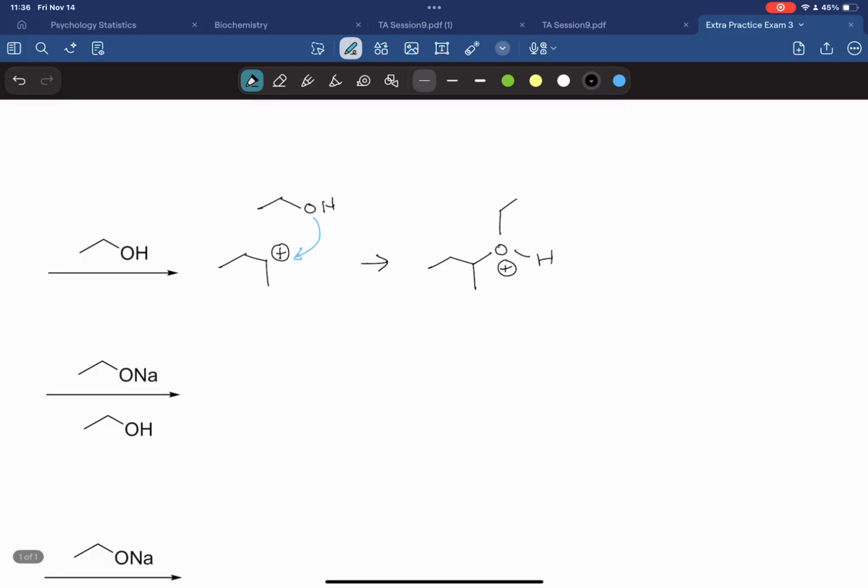So it's not going to be really caged by anything, versus the leaving group, which is going to be caged by the solvent. Because it's a chloride ion being caged by a polar, what kind of solvent? Protic solvent.